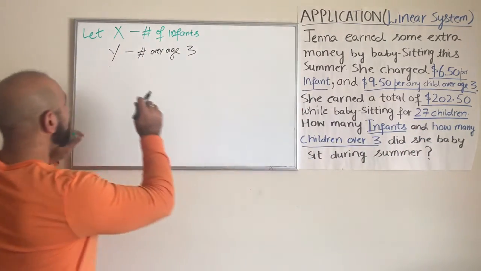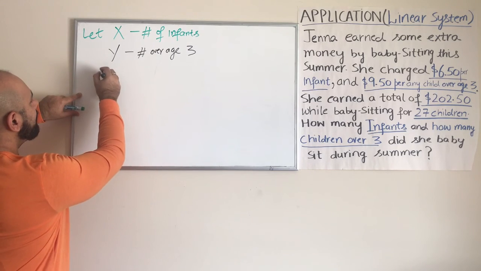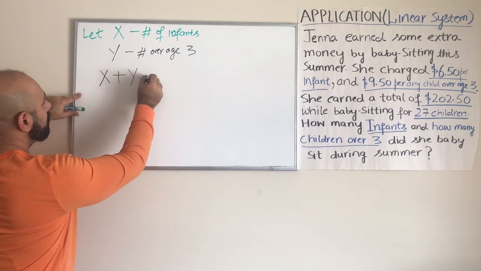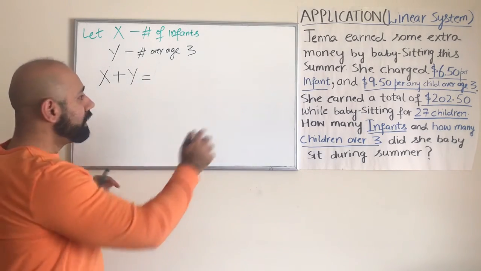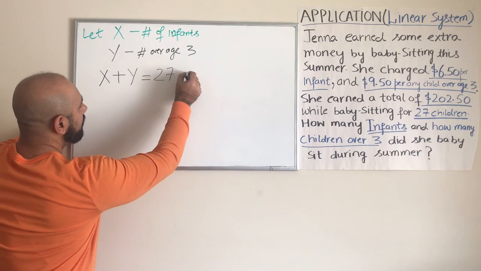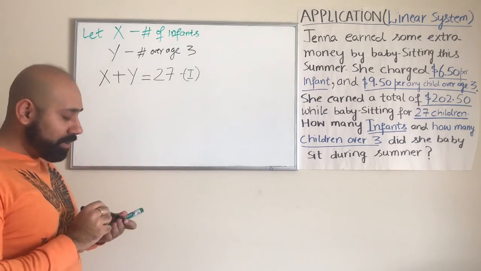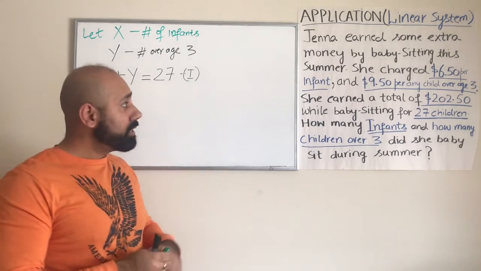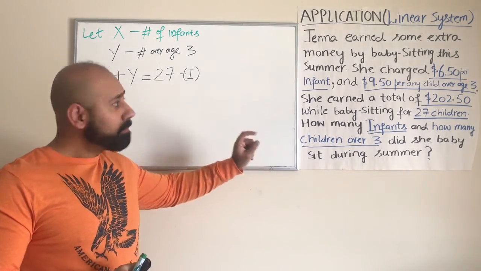So the total number of children, as a mathematical formula, would be X plus Y, and we already know that equals 27. I'm going to treat that as my equation 1, and then let us see if we can also write an equation 2, because here it's a system of equations and there is additional information provided to us.